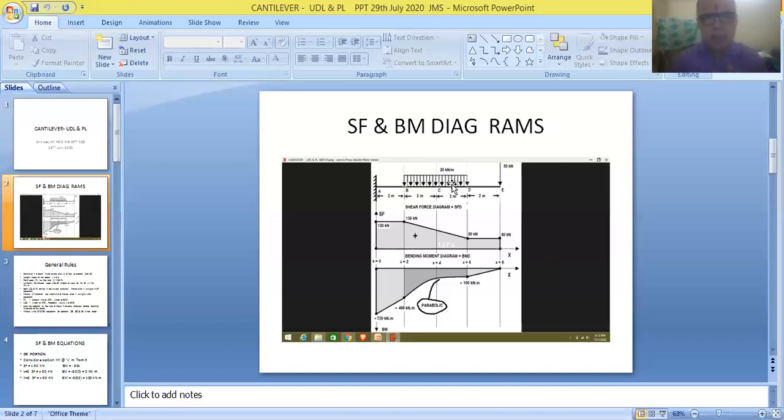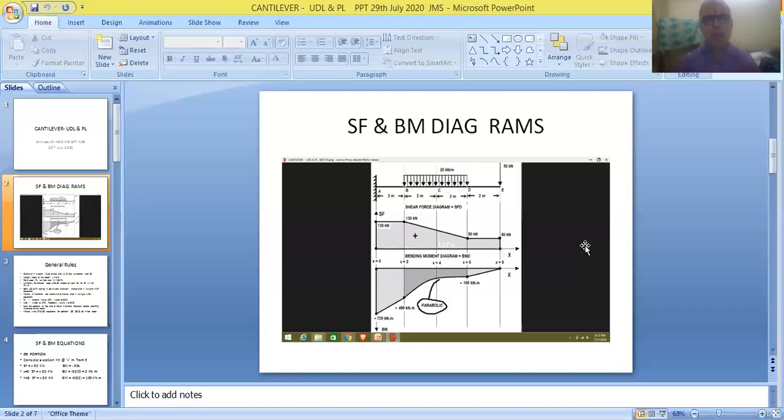So capital W indicates point loads, also called concentrated loads, acting on the beam, and small w indicates uniformly distributed loads acting on the beam.